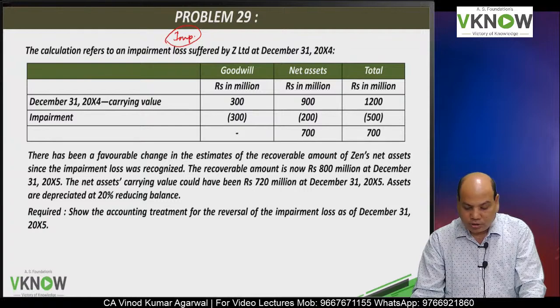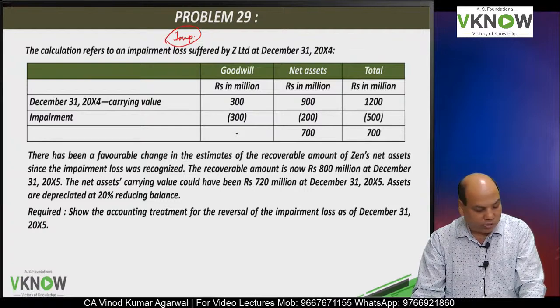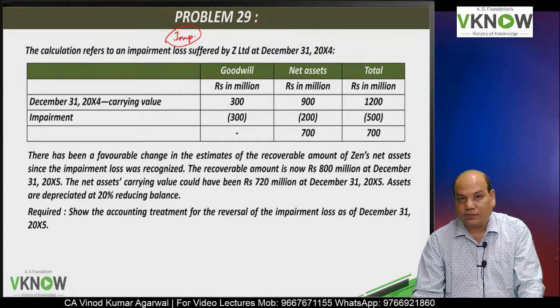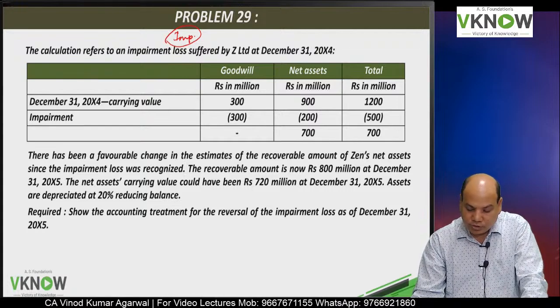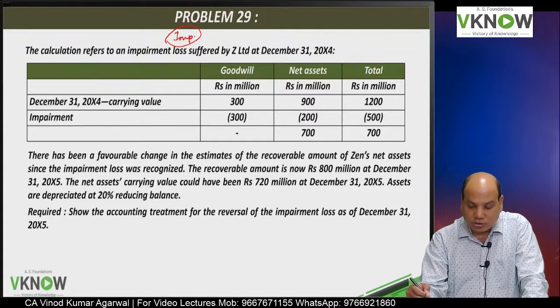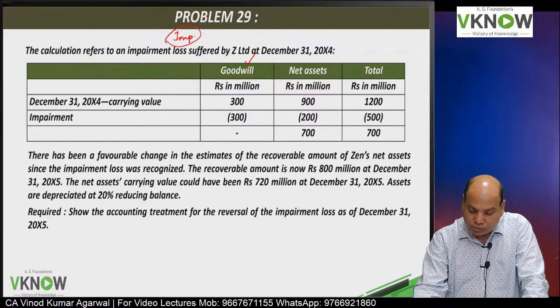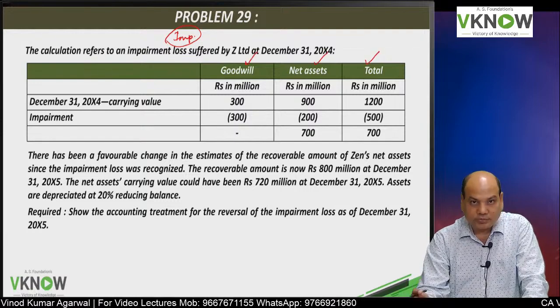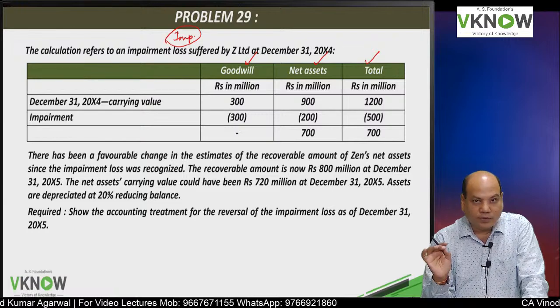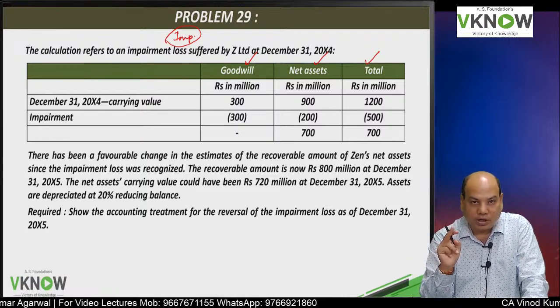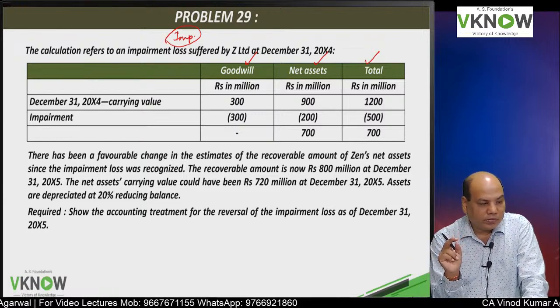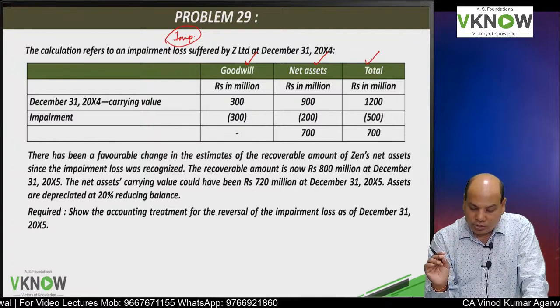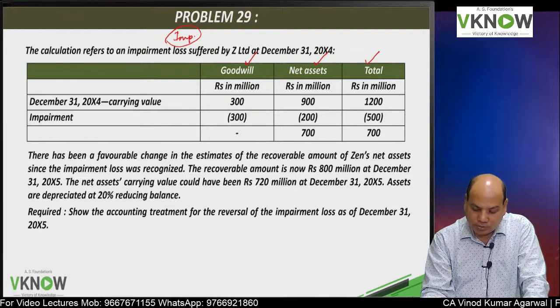The calculation refers to impairment loss suffered by Z Limited on 31st December 2004. Now they have done some calculation already. If you are attentive from the beginning, you will understand that whenever there is an impairment loss, first we eliminate goodwill. They have already done that in the problem.